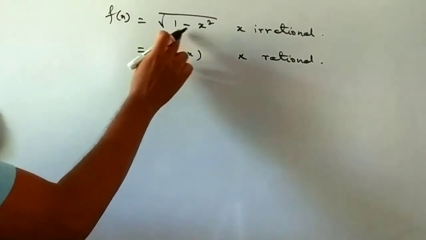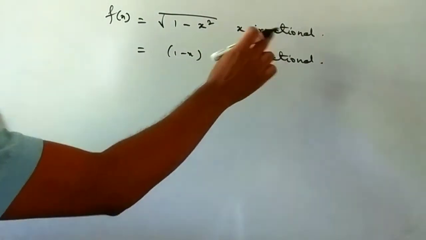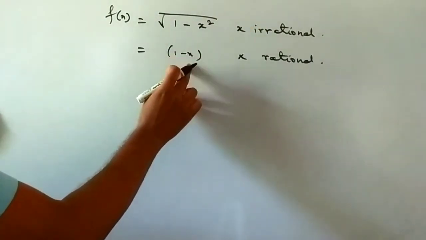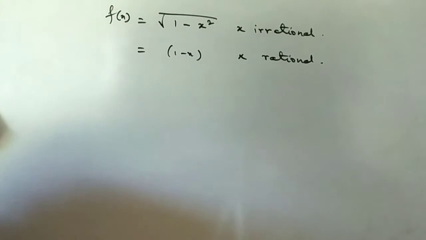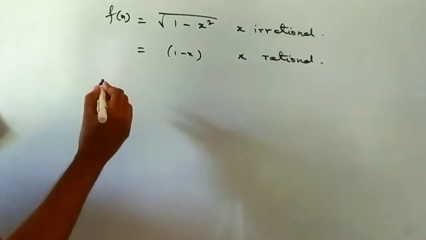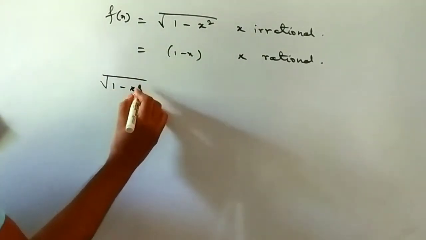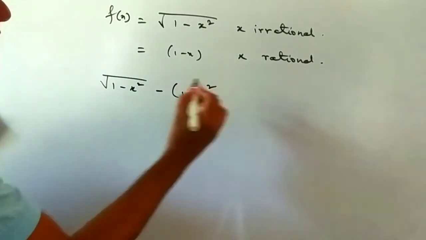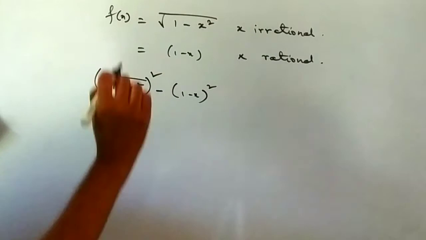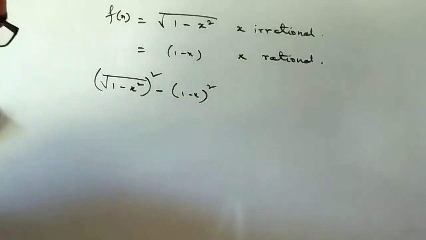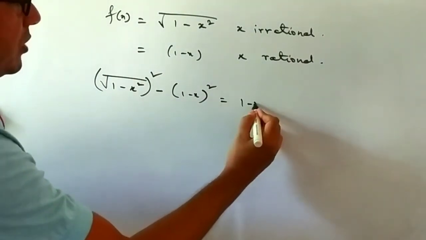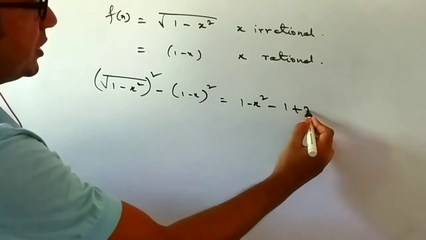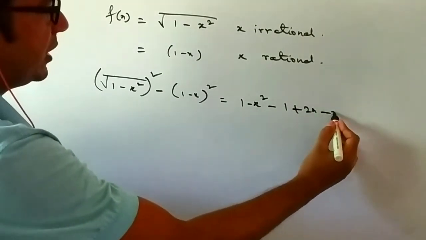f(x) equal to root 1 minus x square for x irrational, and 1 minus x if x rational. Now we know that root of 1 minus x square, whole square, minus (1 minus x) whole square, is equal to 1 minus x square minus 1 plus 2x minus x square.